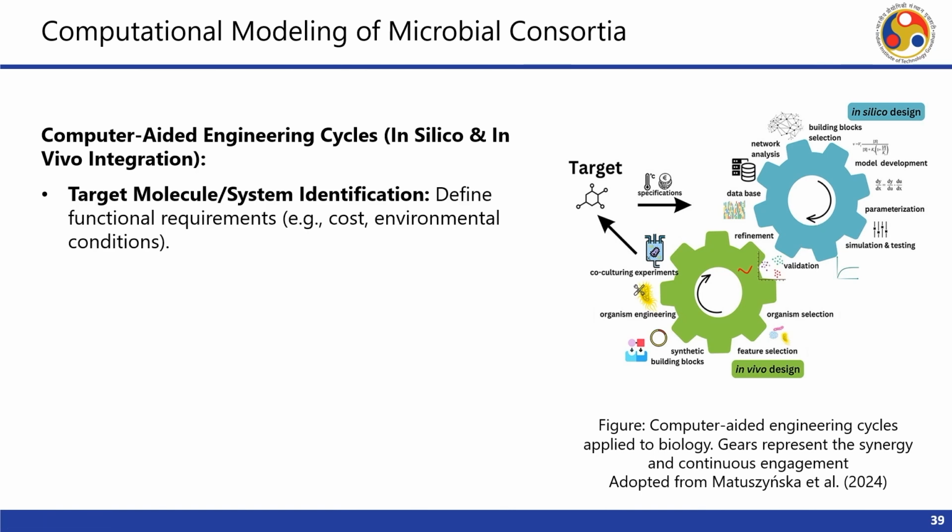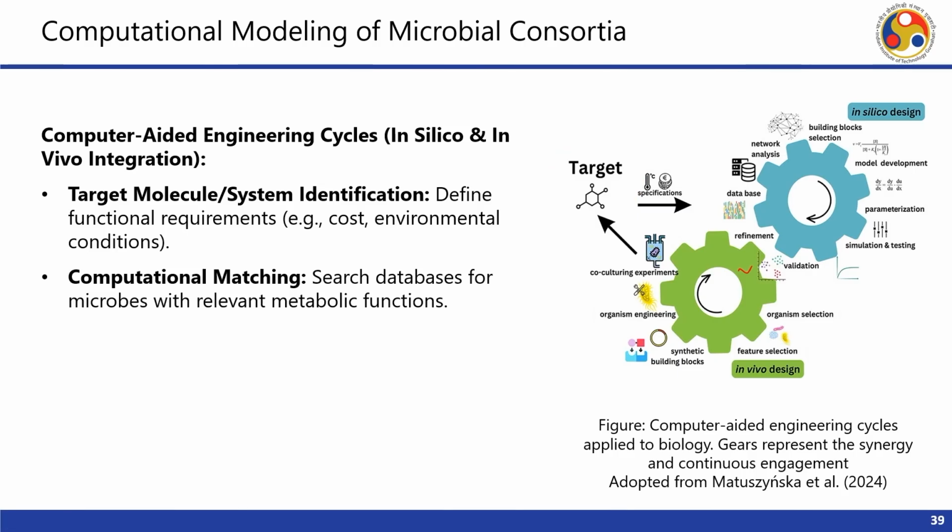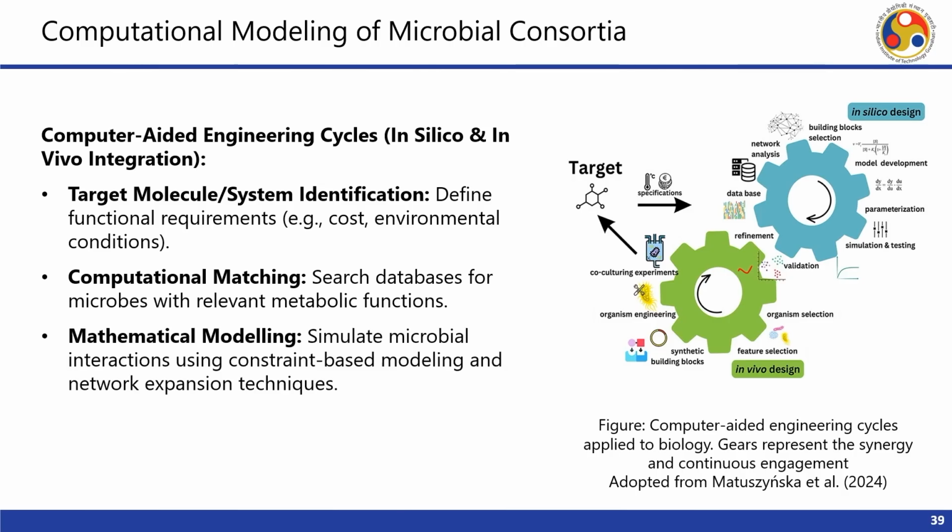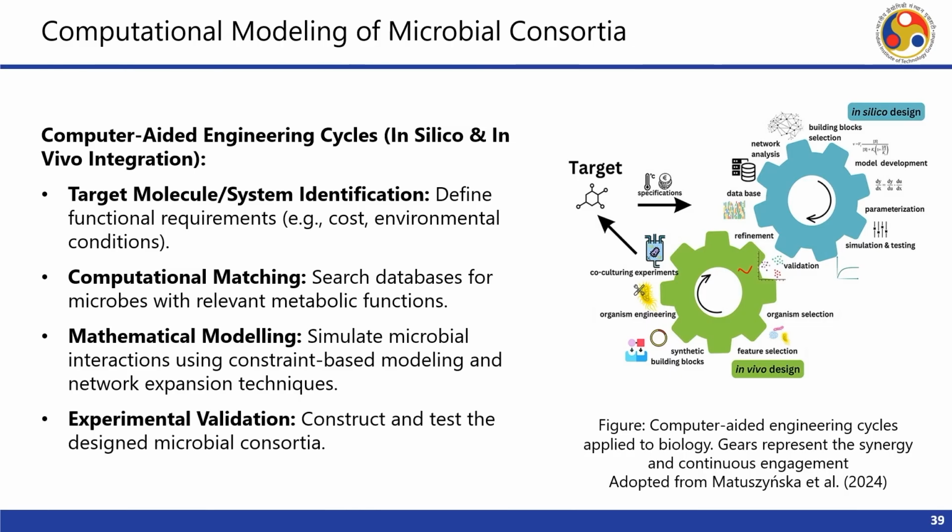We define the functional requirements, for example, what is the cost and environmental conditions. Then we go for computational matching, search databases for microbes with relevant metabolic functions. Then we also undertake mathematical modeling by simulating microbial interactions using constraint-based modeling and network expansion techniques.